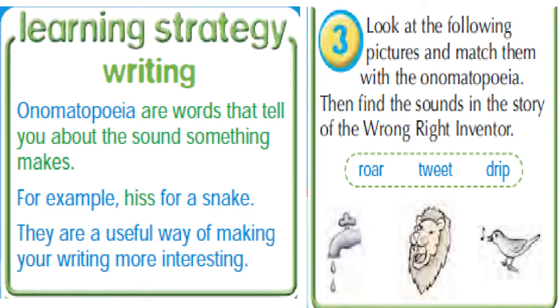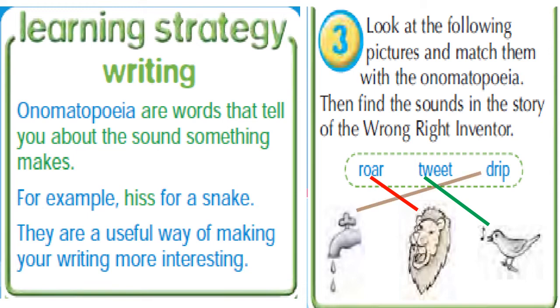For example, number 1, roar. So roar is the sound of a lion. The sound of the lion, roar. Okay, and tweet is the sound of a bird. As you know, Twitter. So what is the logo of Twitter? It is a bird. So tweet, it is the sound of a bird.